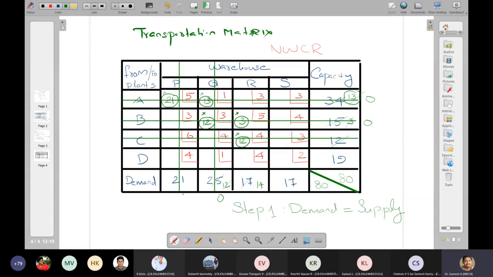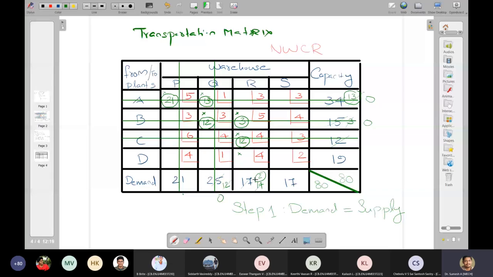Now the new northwest corner will be DR, where the demand is 2 and the capacity is 19. So that 2 is filled over here, and this particular column also gets eliminated.